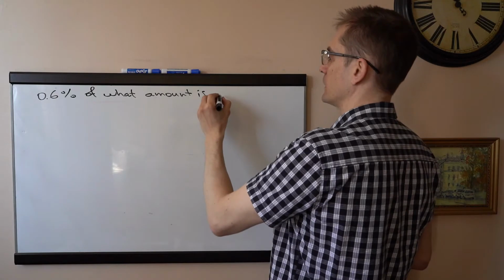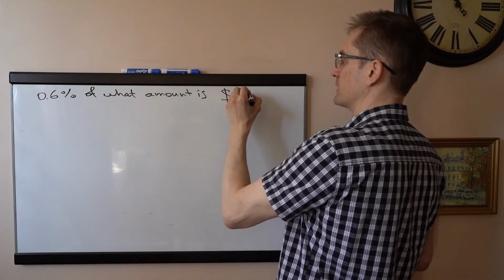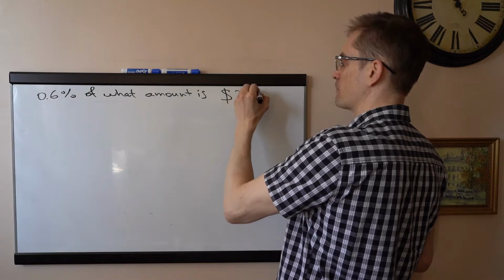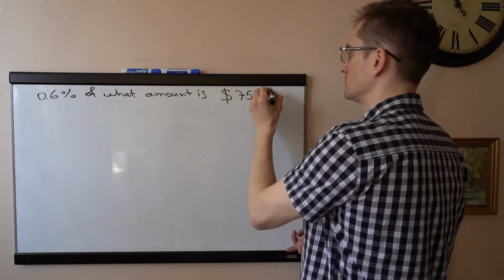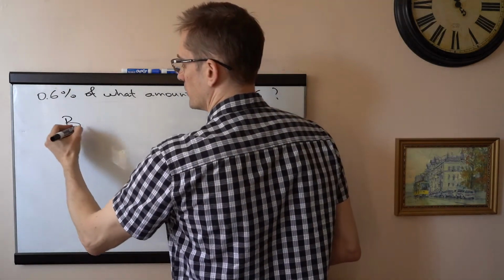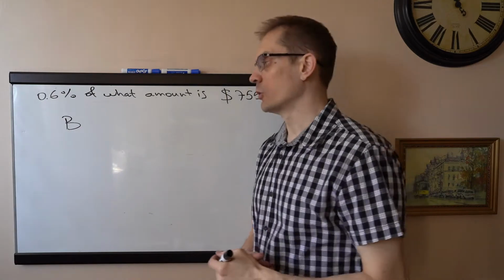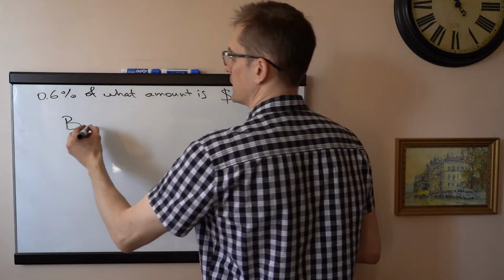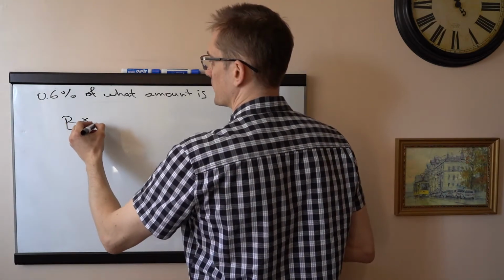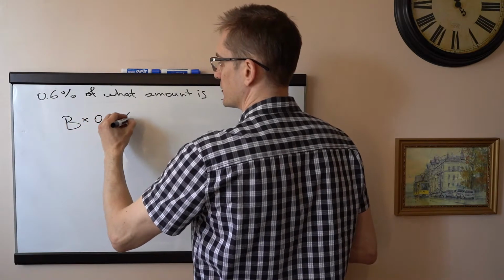0.6% of what amount is $755. In this problem, we don't know B, which we call the base amount. So we don't know the number of ones. We have this base amount multiplied by 0.006, right?